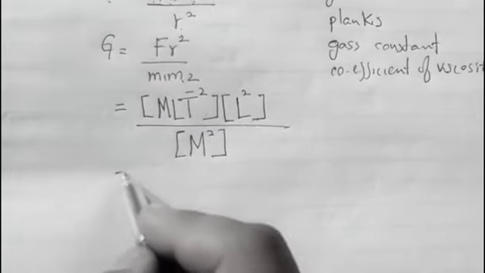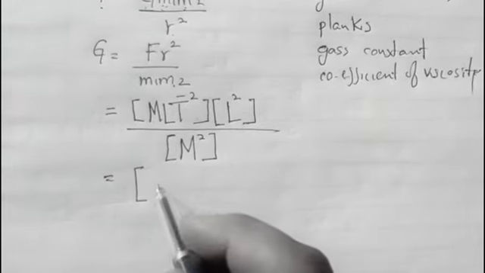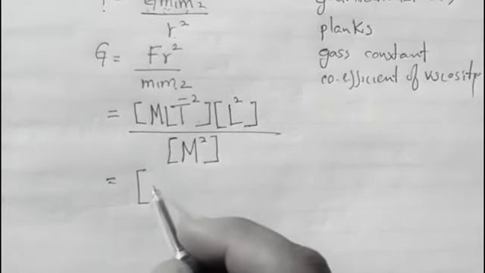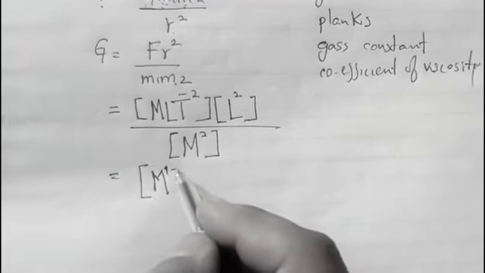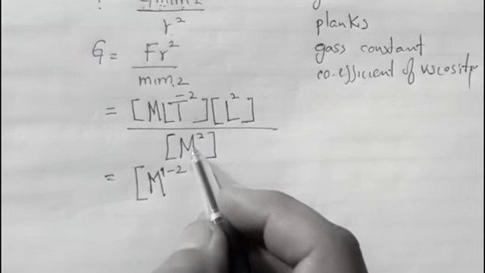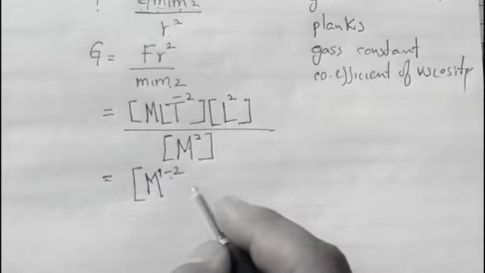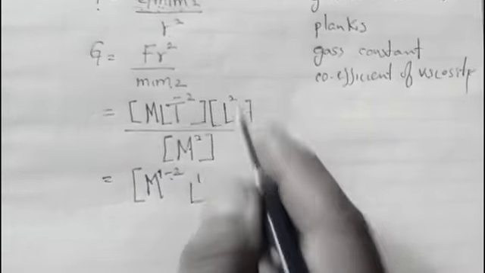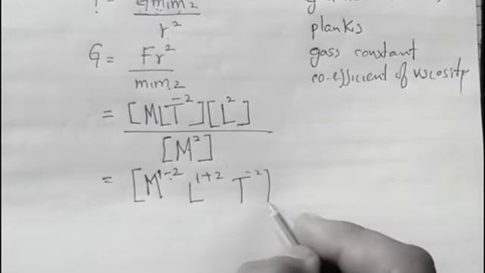Now we express all of these dimensions in one square bracket, that is M to the power 1 minus 2, since when we shift this quantity from denominator to numerator we get a minus sign, L to the power 1 plus 2, and T to the power minus 2.